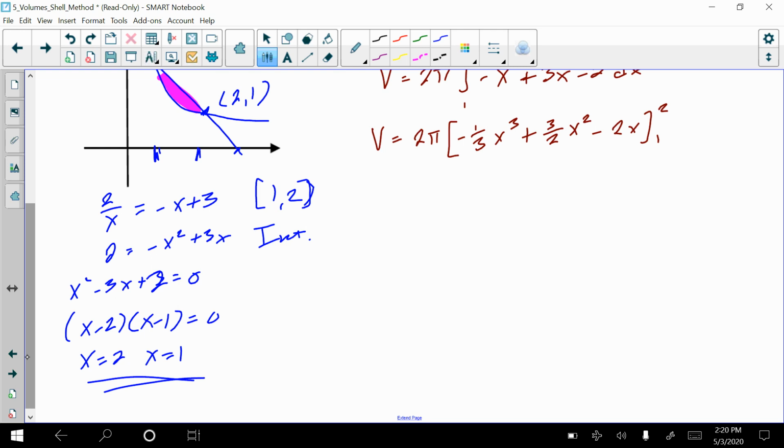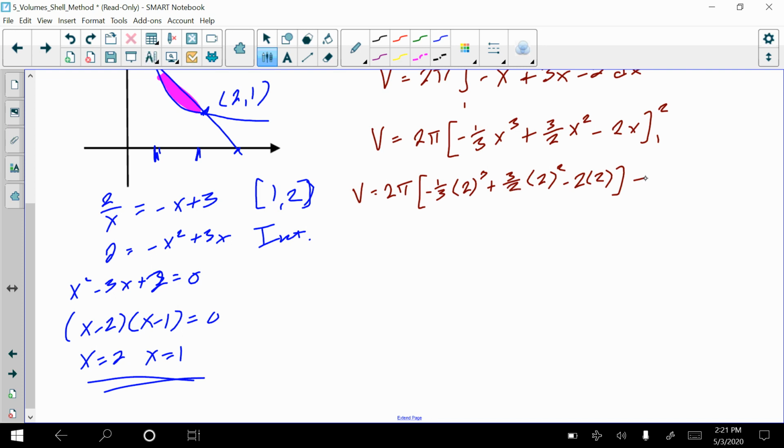At this point, it just becomes a plug and chug exercise. I don't have a common factor that I can pull out here. And since my lower bound is not a 0, we do have to substitute the 1 when we do the lower bound. So let's see if I can fit all this in here. We're going to say 2 pi times negative 1/3 times 2 cubed plus 3/2 times 2 squared minus 2 times 2.